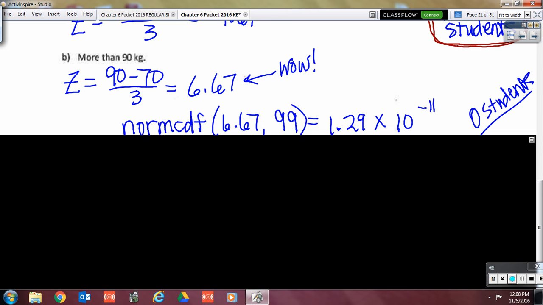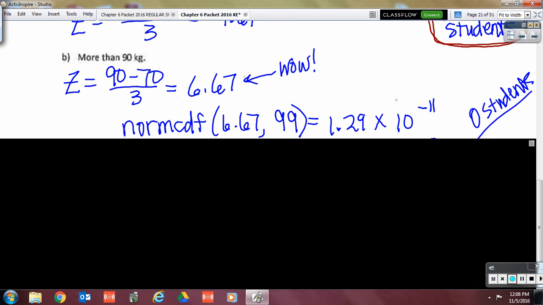Now, you might have freaked out a little bit on this one yesterday, but more than 90 kilograms. Look at this z-score. That is huge. The normal model goes to only about 3 above the mean. Well, this is out here at over 6 standard deviations above the mean.